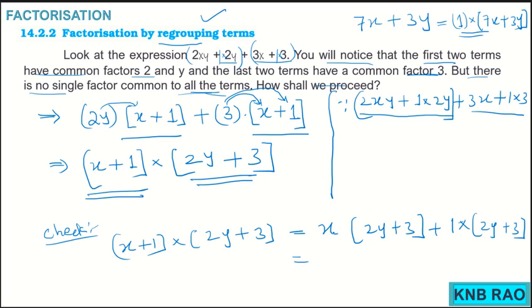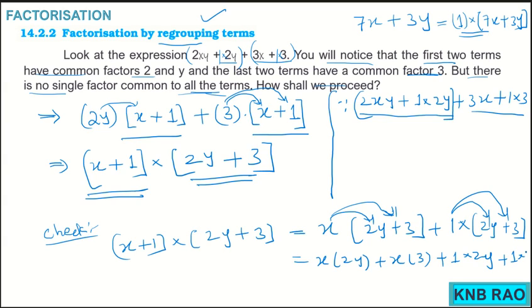It implies the binomial 2y plus 3 is multiplied with this x by distributive property, x into 2y plus x into 3 plus 1 into 2y plus 1 into 3. Now we have x into 2y becoming 2xy plus 3 into x becoming 3x plus 2y into 1 is 2y plus 3 into 1 is 3. You got it back again.